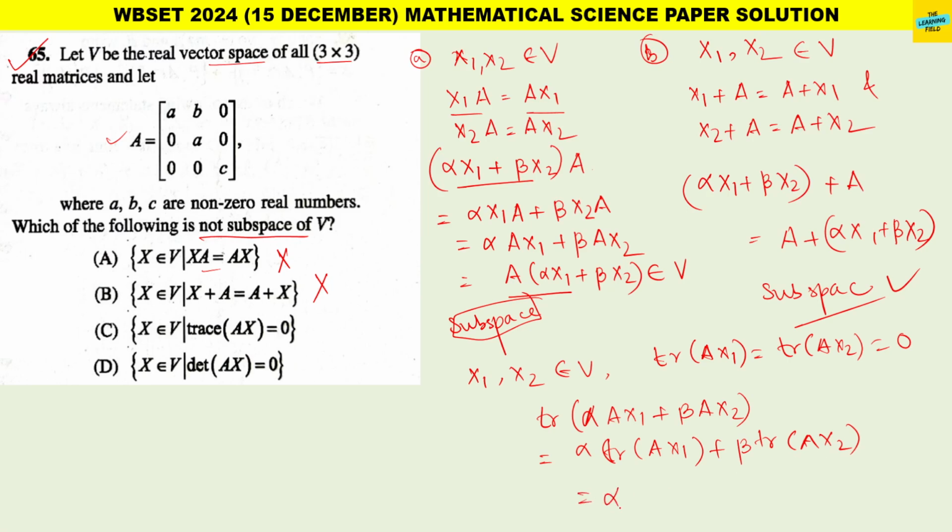So alpha into 0 plus beta into 0, so this is completely 0. That means this also belongs to V. That means this is also a subspace. Therefore this is also not correct. Therefore option B is correct.